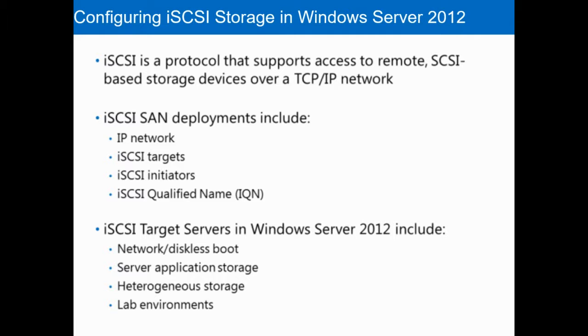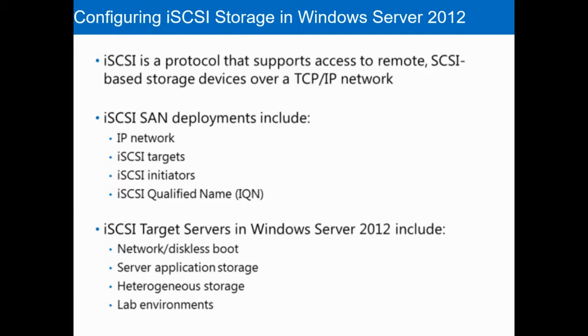An iSCSI target server supports iSCSI initiators that are not based on Windows. So you can share storage on Windows Server in a mixed environment. Windows and non-Windows are supported.